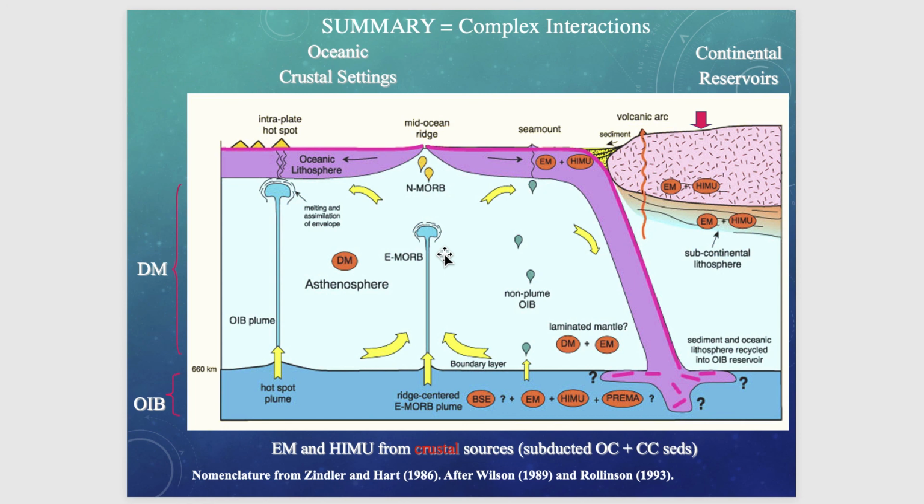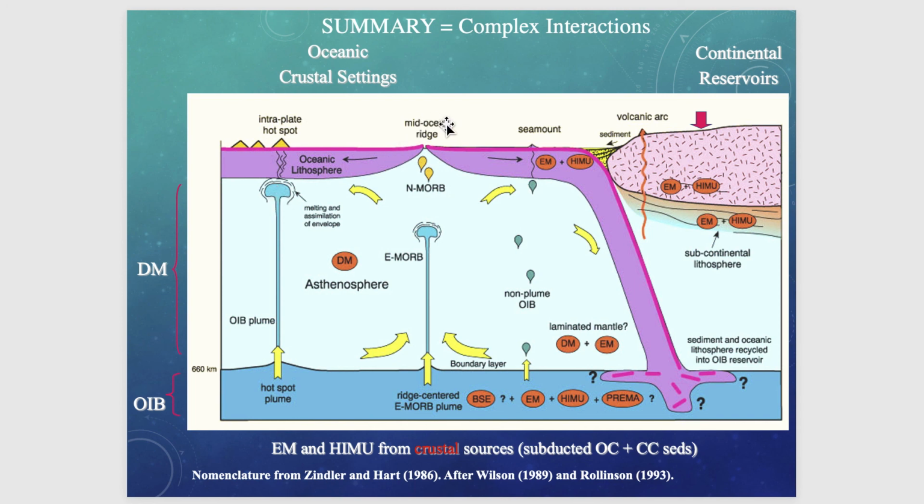What does this mean in terms of implications for the discrimination of the tectonic settings? I think the critical aspect is that the proportion of enriched OIB will be really the key factor for distinguishing intraplate hotspots.